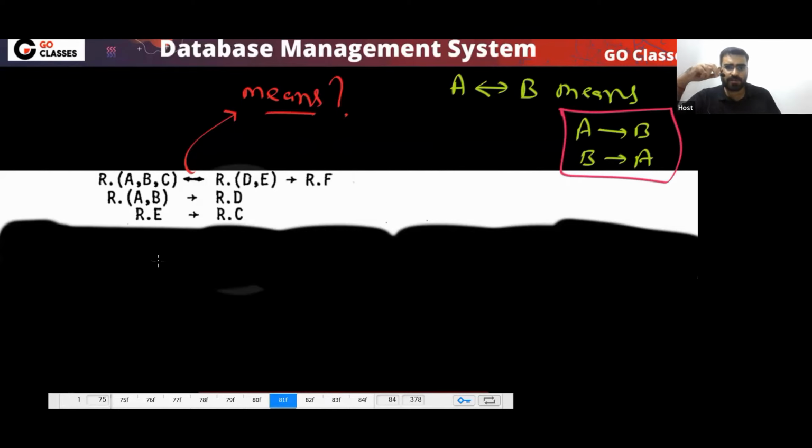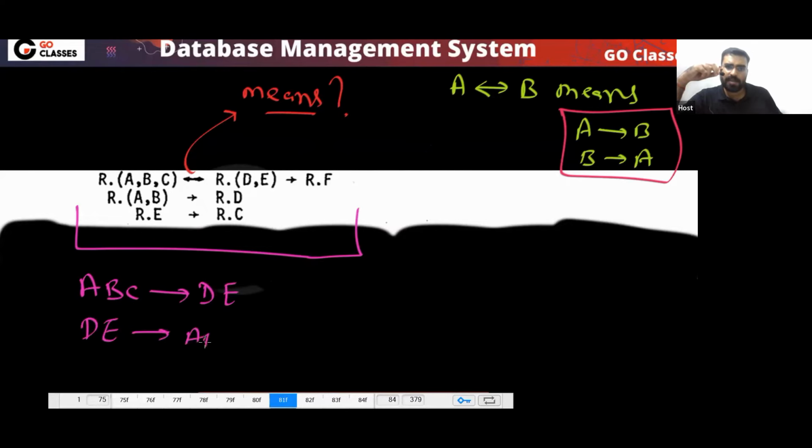So here, let me tell you what these FDs actually mean. ABC determines DE and DE determines ABC.